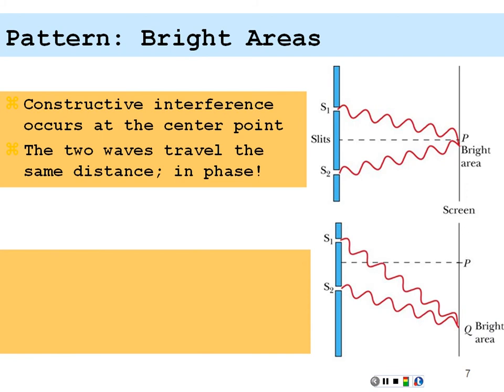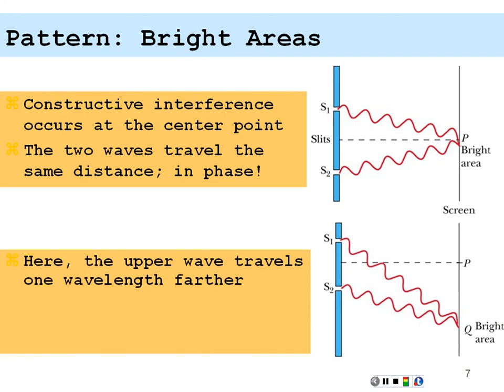It's possible that if the path difference between the two was one wavelength, then you would have constructive interference again. You would just have one wave traveling one wavelength more, but at that point they'd be totally in phase. So there will be some point on either side of the central maximum where you will have constructive interference, and other points as well when your path lengths differ by exactly multiples of one wavelength.